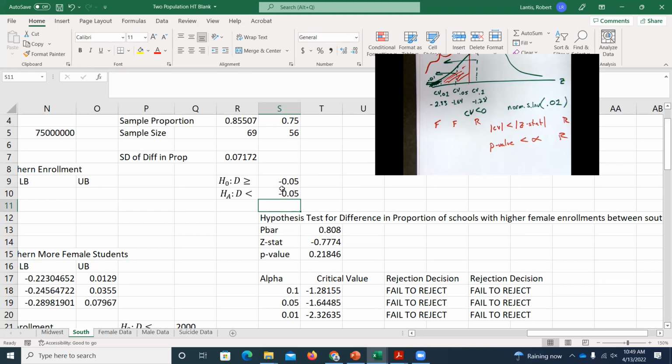Maybe I want to ask whether the proportion of people in favor of a certain policy is different between Democrats and Republicans, and not only is it different, but is that difference greater than 0.2, a 20 percentage point difference? I could do things like that. But for us, we're going to keep it simplistic and keep things at 0.